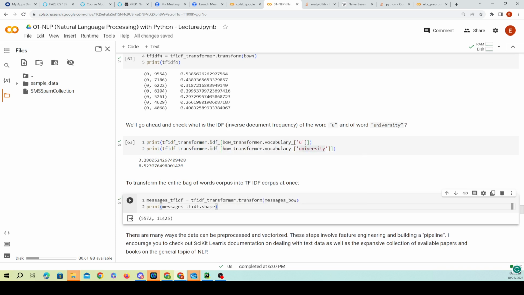Okay, so now we're doing it to the entire messages that we turned into vectors using the vectorizer, and we're looking at the dimensions.